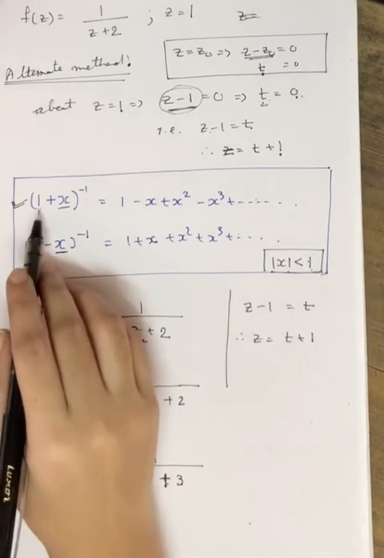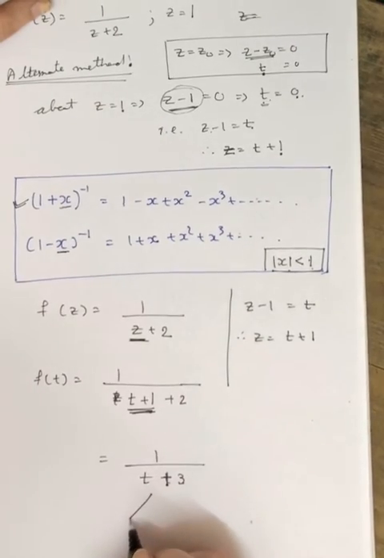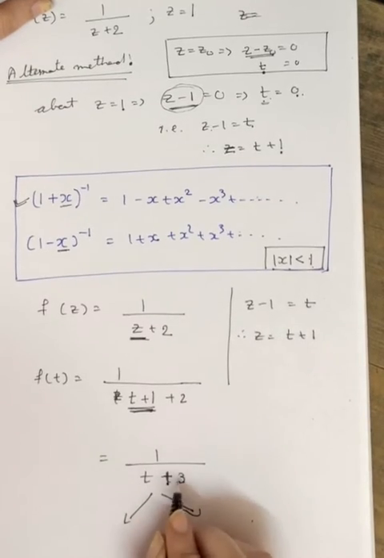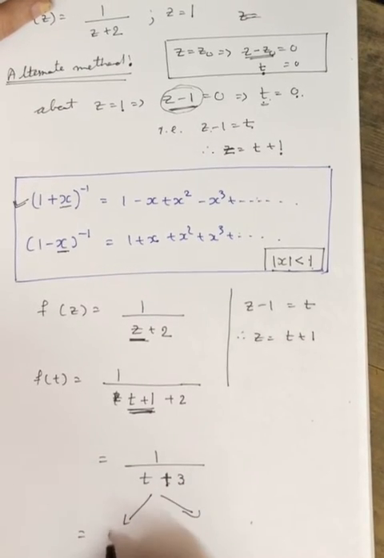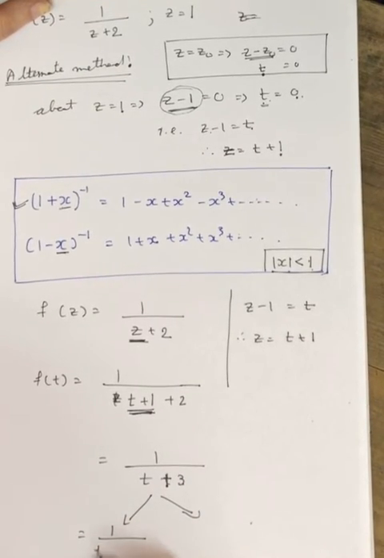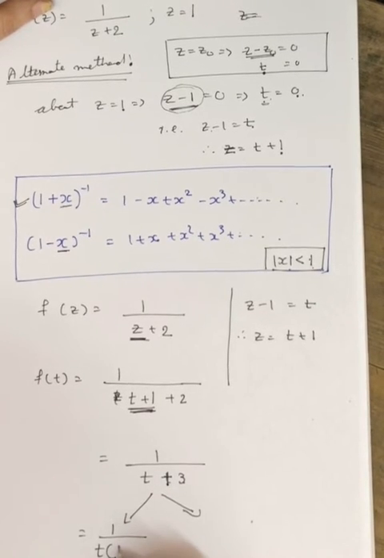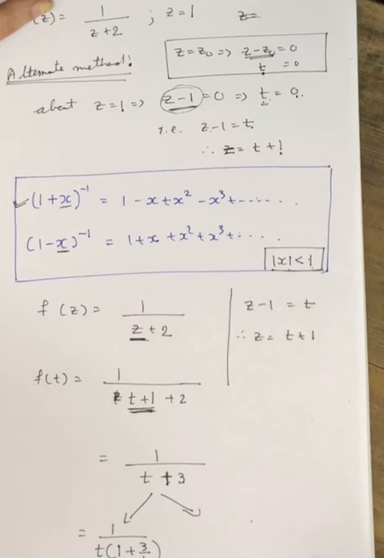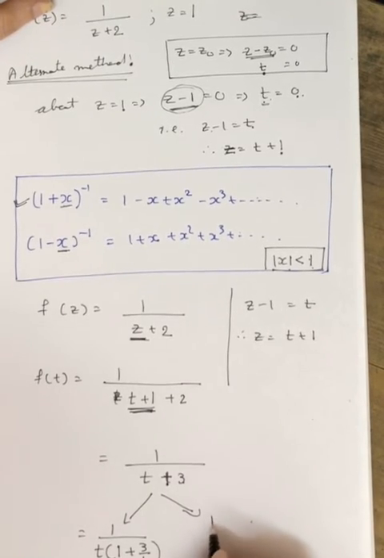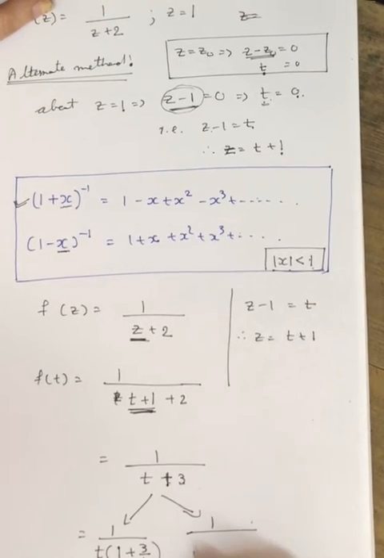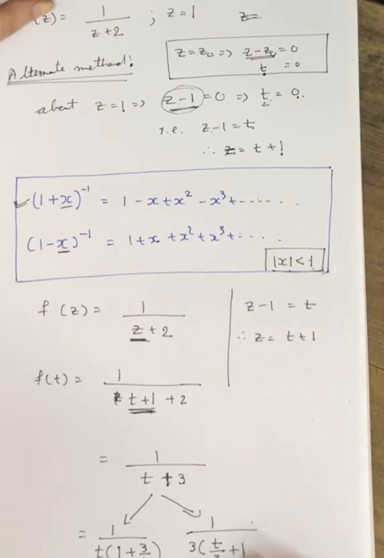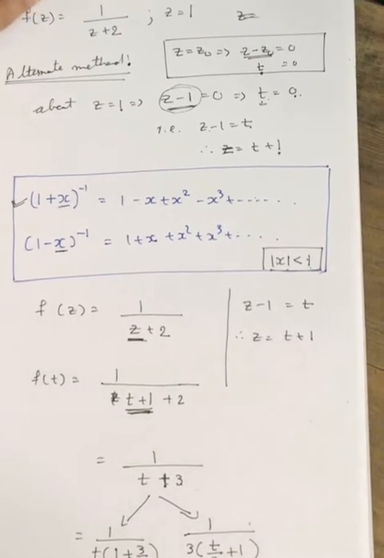In order to get 1 plus something, we have two alternatives. Either we can take t common, so then you will have 1 plus 3 by t, or we can take 3 common, then we have 1 plus t by 3.